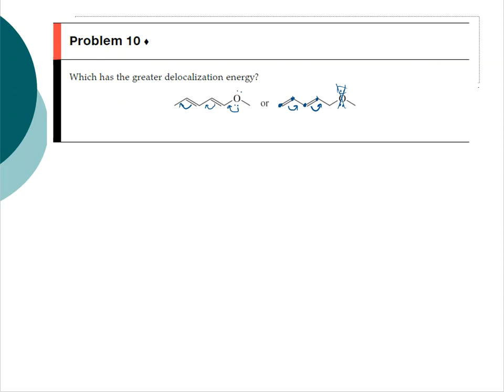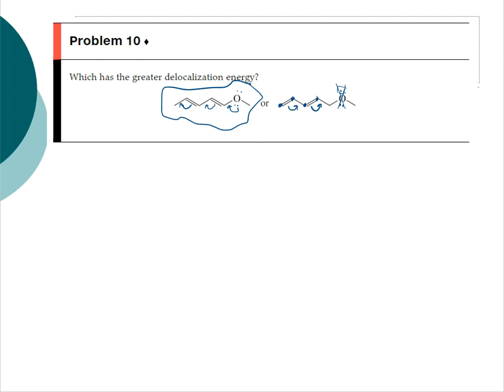So out of these two choices, which one would greater delocalize? Which one would be more willing to delocalize? Which one would delocalize the fastest? That's what this question is after. And the answer is this one, because there's more areas of delocalization. This molecule can delocalize over a greater area of the molecule.